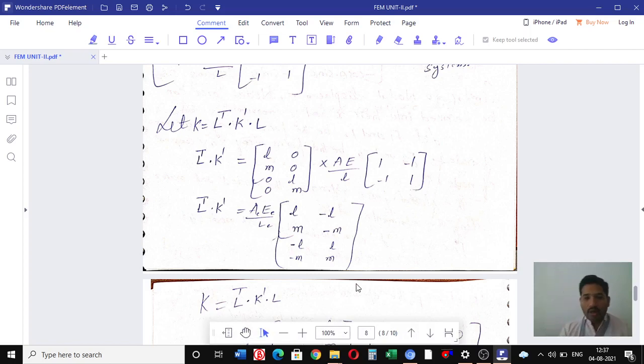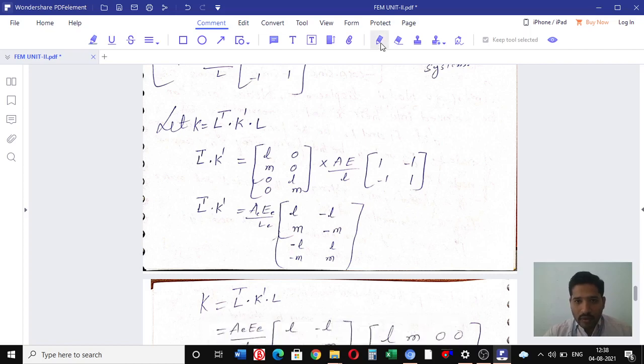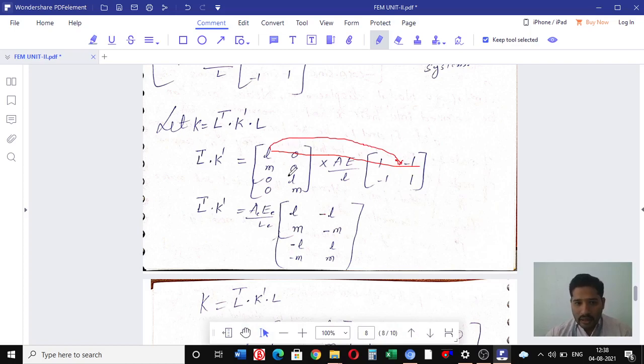I think the student is having a small doubt. Let us see, I will clear the doubt. This L we need to multiply with the above value. L into L should be L. L into minus 1 should be minus L. Clear? Again, both values, m into 1 should be m, and m into minus 1 should be minus m.